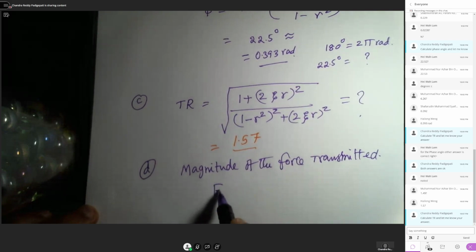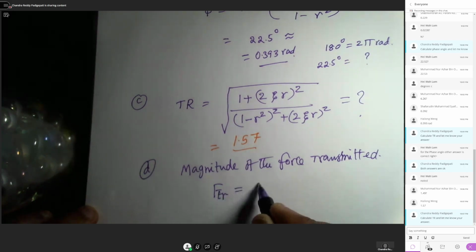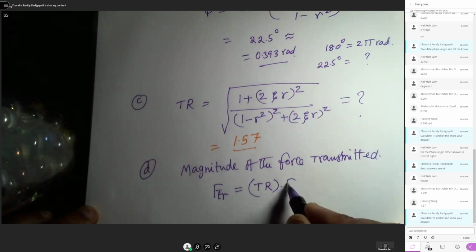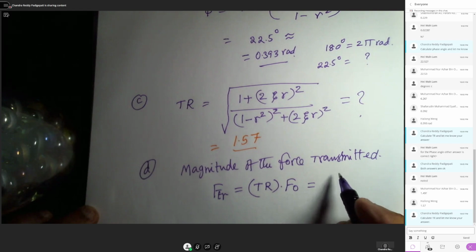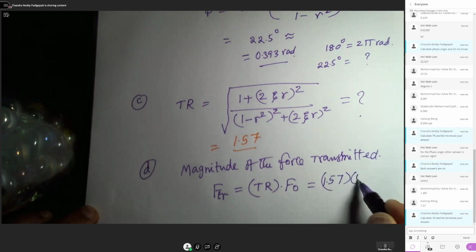So you can write the force transmitted is the transmissibility ratio times the force. So the amplitude of the force given is 450 newtons. So you can say 1.57 times 450 newtons.